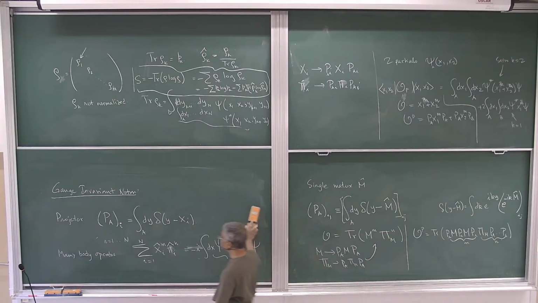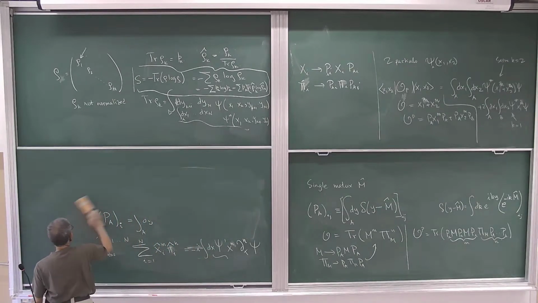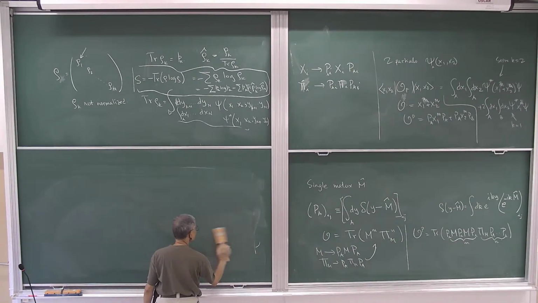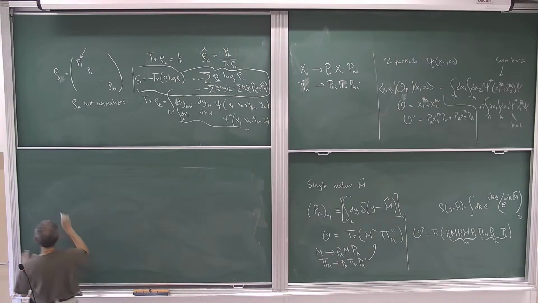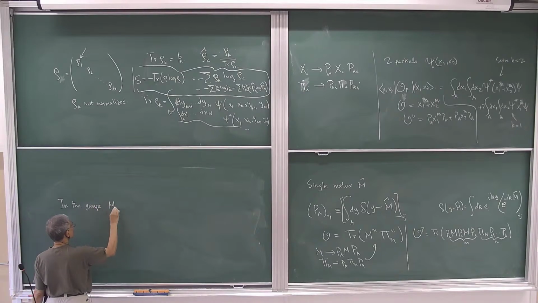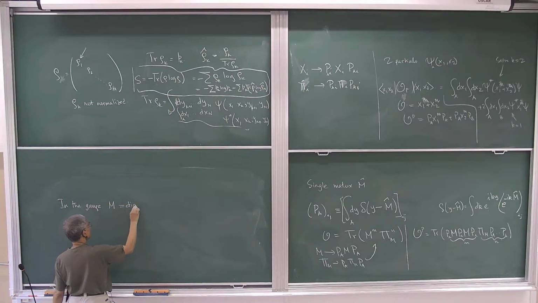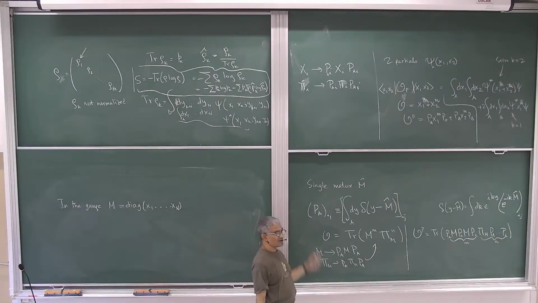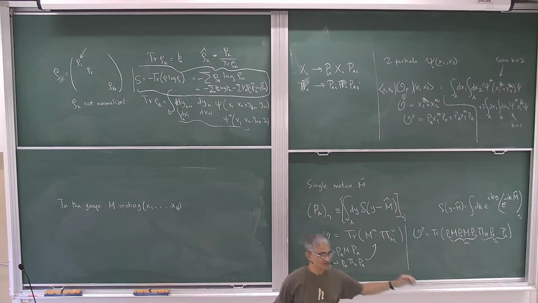But it has the meaning we are seeking in some particular gauge. In this case, this object clearly reduces to what we just talked about: in the gauge where M is diagonal, this matrix will also be a diagonal matrix, and this completely reduces to that first quantized description which I had.